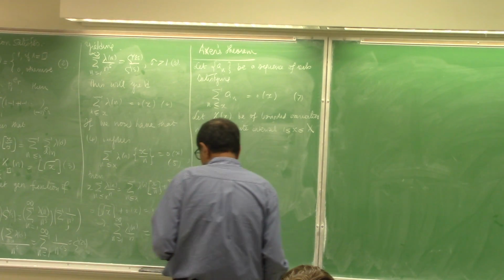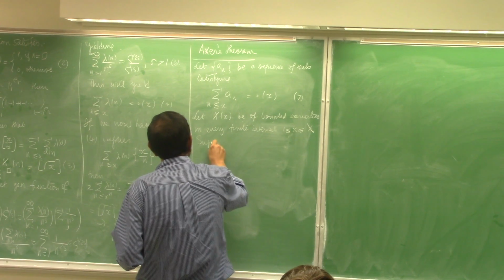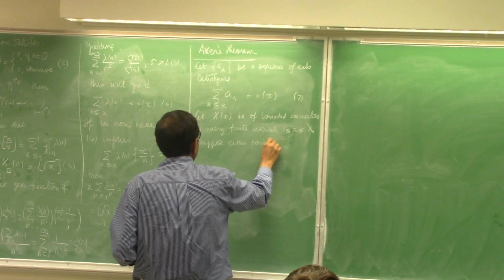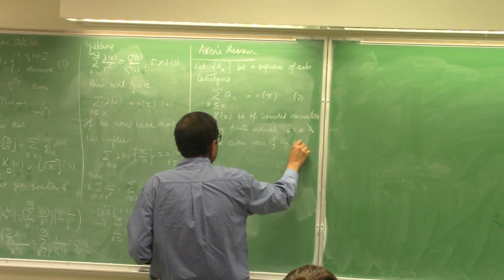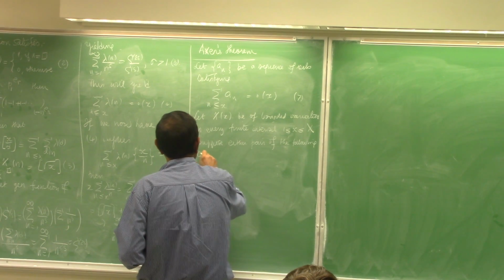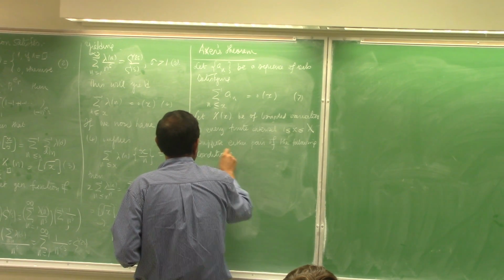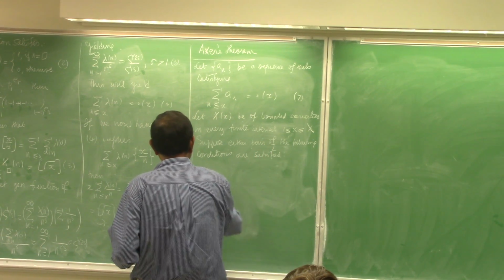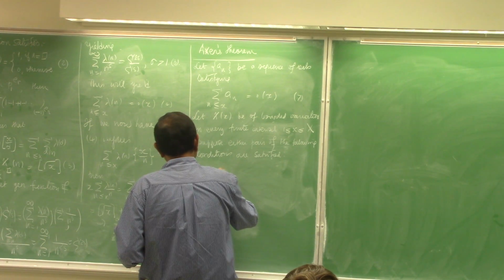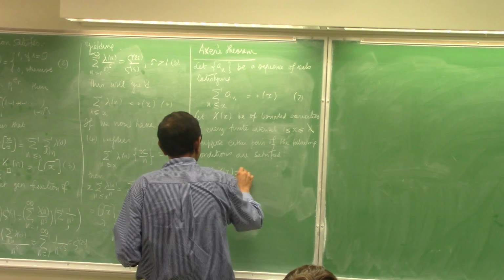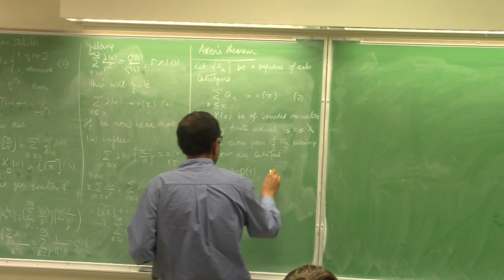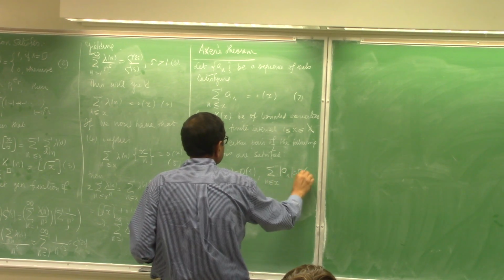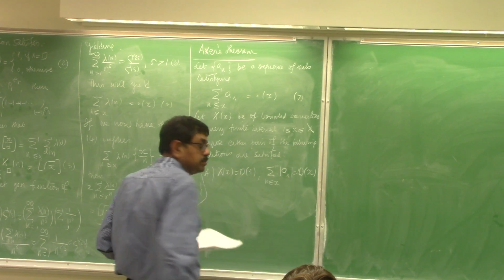Now I have two conditions. Suppose either pair of the following conditions are satisfied. So I have a pair of conditions, but either one of them. A, the function chi of x is bounded, and the sum of the absolute values of the a's is capital O of x, not little o, capital O of x.